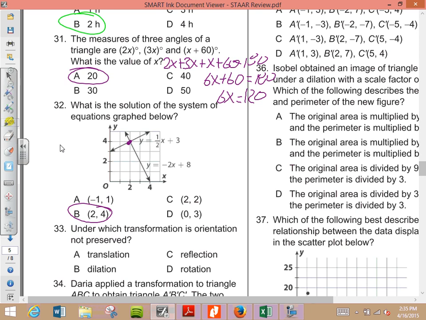So if we do it over here, 2 times 1 plus 3, 4. Negative 2 times 2, negative 4 plus 8, 4. Plug it in, find the points, or you can solve for x. Put it equal to each other. And that's it.